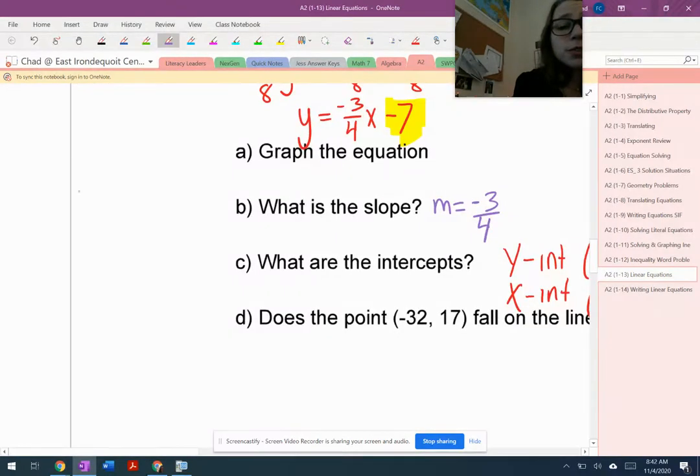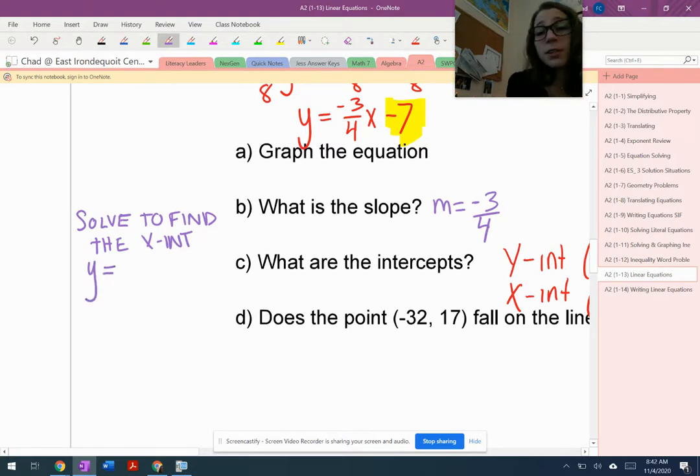We are going to solve to find the x-intercept. We know that y is equal to 0, and then we're going to find x.